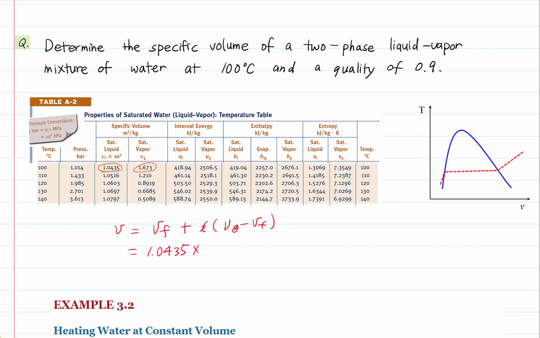Vf here is 1.0435, and we need to multiply by 10 to the negative 3, plus quality 0.9 times Vg, 1.673, minus 1.0435 times 10 to the negative 3.